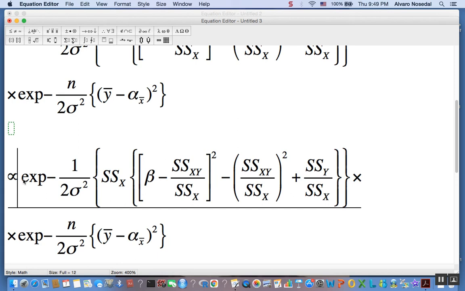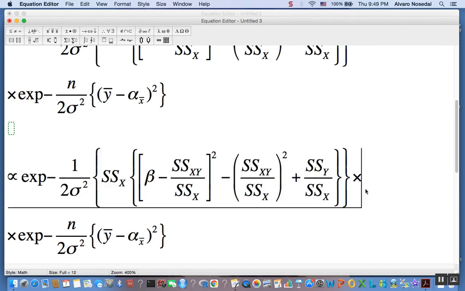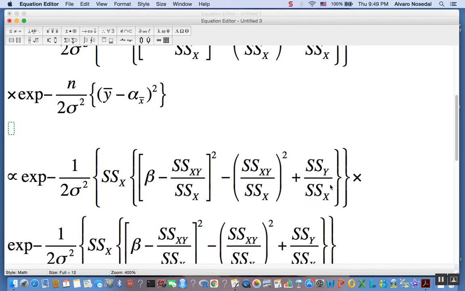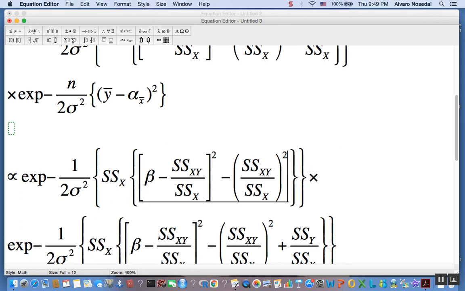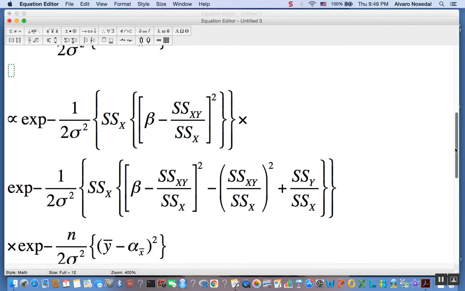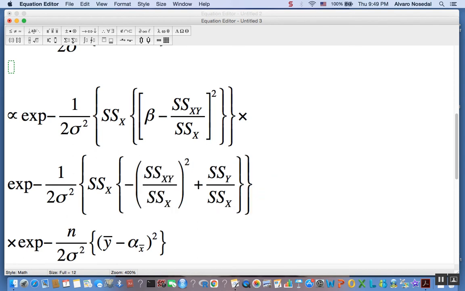Let me copy paste this, and then I'm going to keep only, right, this one here, the one with betas, and I'm going to get rid of this one here, and for the other one I'm just going to keep these, right?